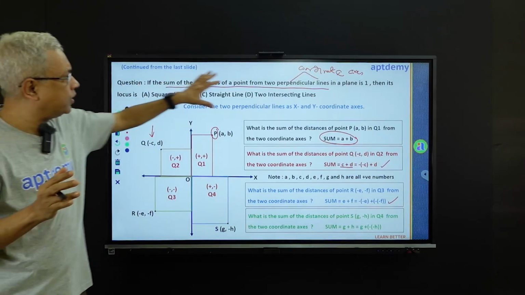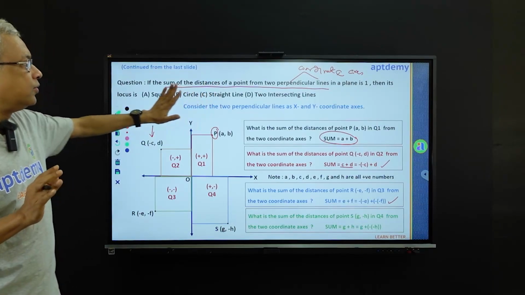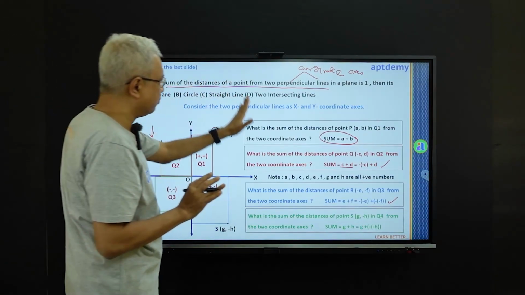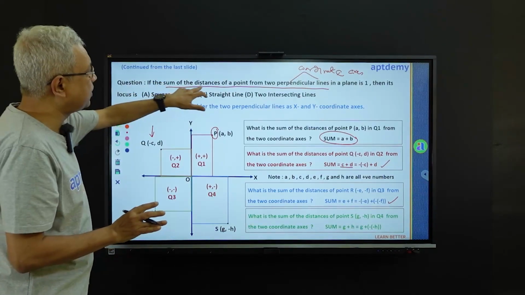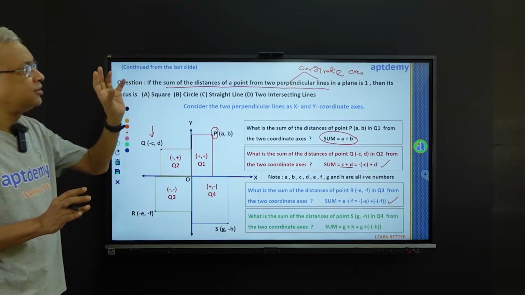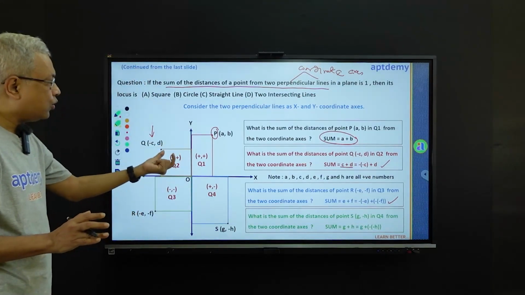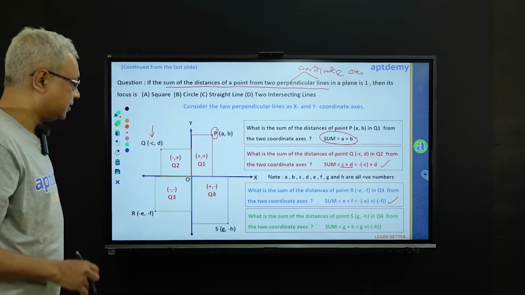Because this is the condition of movement of the particle, you can say the point is moving in this plane in such a manner that the sum of the distances of the point from two perpendicular lines is constant and its value is unity. So how do I express this condition mathematically?